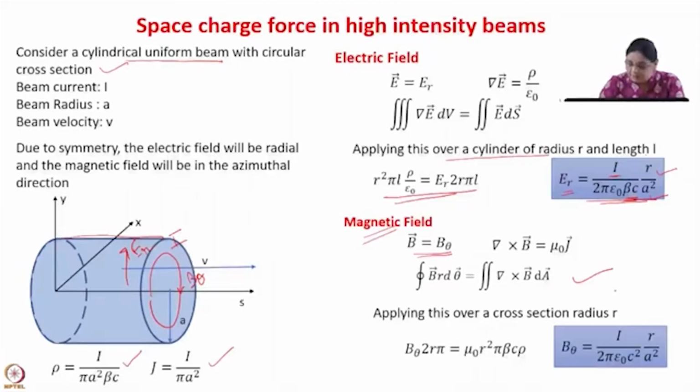So applying this over a cross section of radius r, we get B theta 2 pi r is equal to mu 0 r squared pi beta c rho. Again simplifying this, we get B theta is equal to I by 2 pi epsilon 0 c squared, r by a squared.